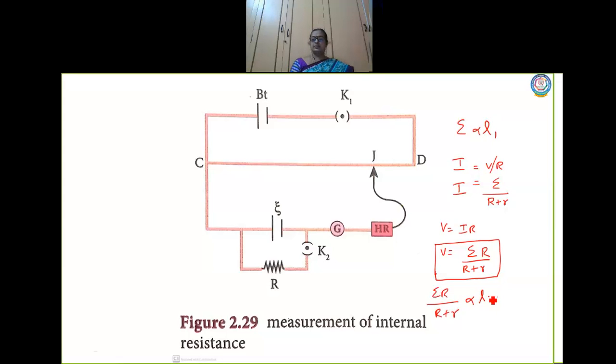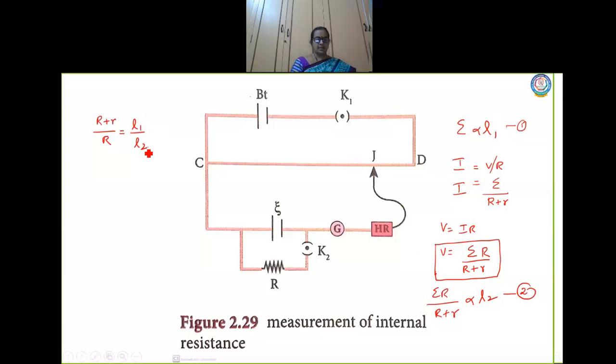When you simplify these two equations, let me take this as equation 1 and equation 2. Now simplify these two equations. On the left side psi gets cancelled. So r plus R by R is equal to L1 by L2.